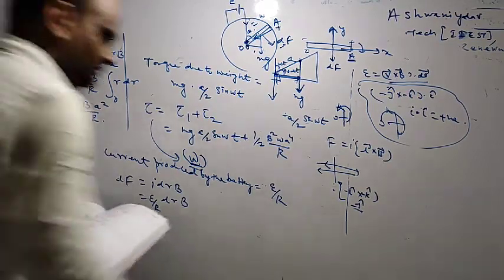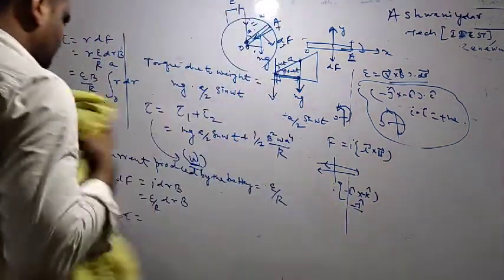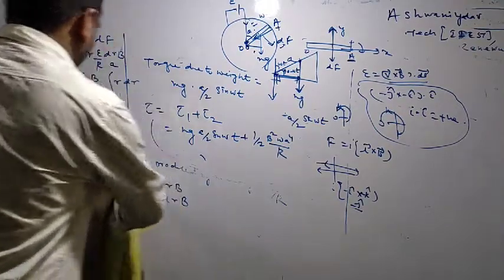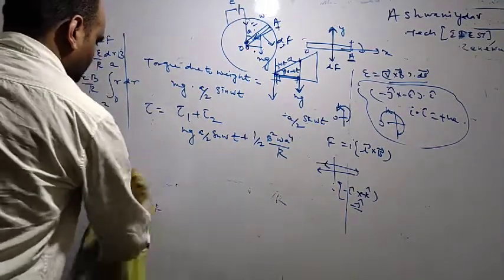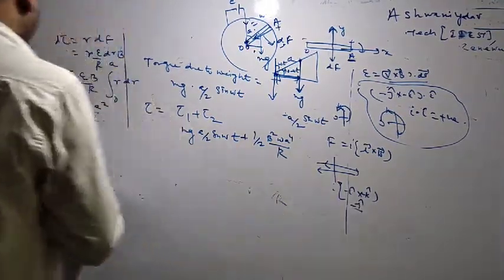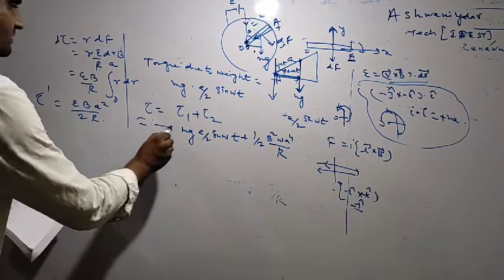Okay, so I am very close to the answer. These two torques, tau and tau dash, must be equal to each other.